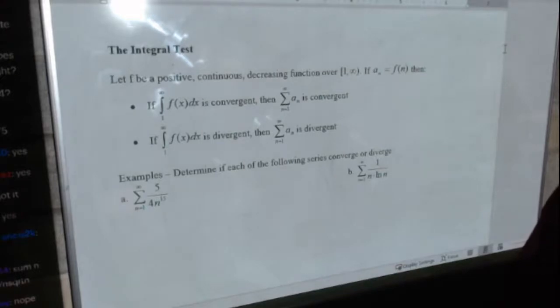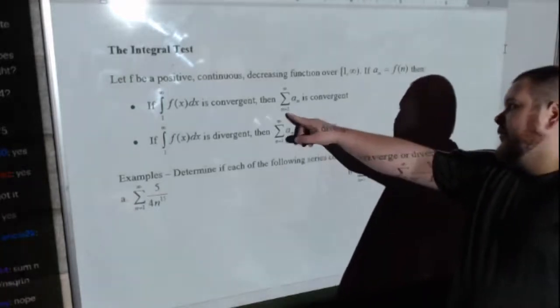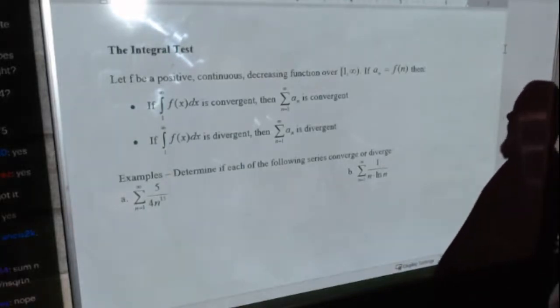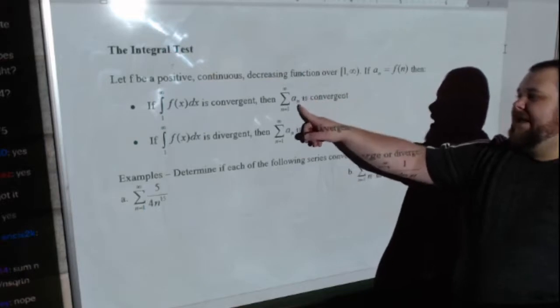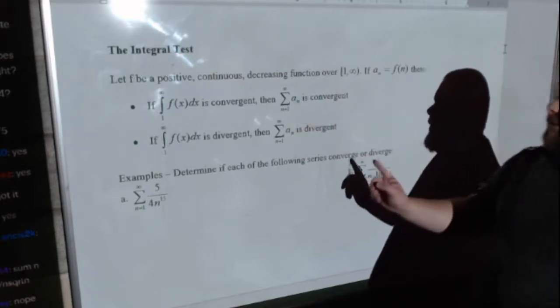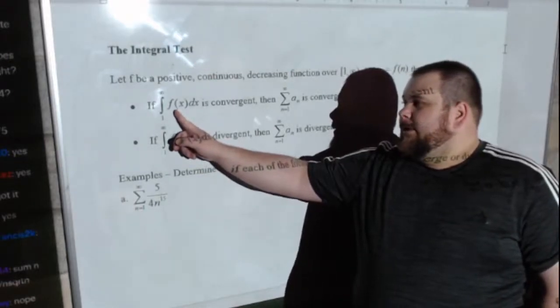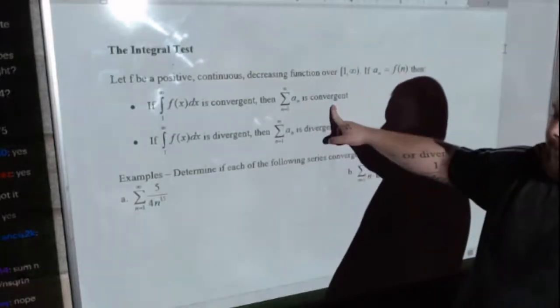So for the integral test, it says your function f must be positive, continuous, and decreasing from 1 to infinity, or wherever it begins. So if it's n equal 5 here, it must be from 5 to infinity. We then can take whatever a sub n is here, change all the n's to x's, and plug it into an integral. Now it says here if the integral is convergent, then so is the sum.